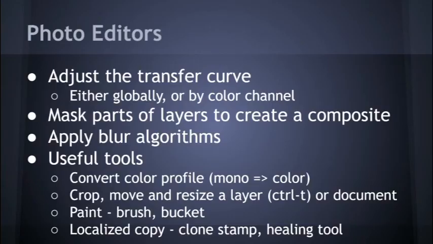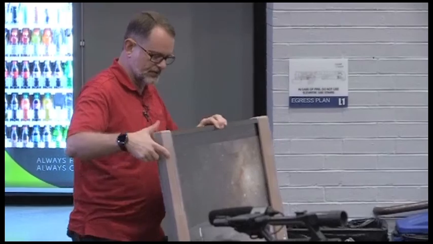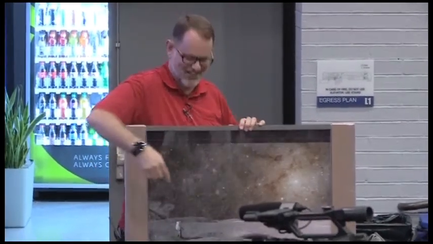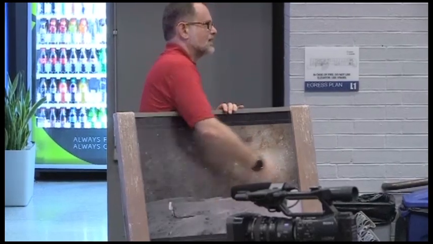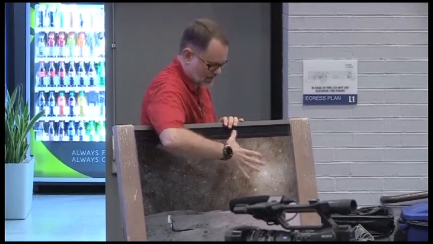Another thing photo editors do is mask out parts of a layer so you can then composite things together, such as compositing. Well, actually this was, sorry, this was a panorama. So first of all, I had to put all those together and then put this together.